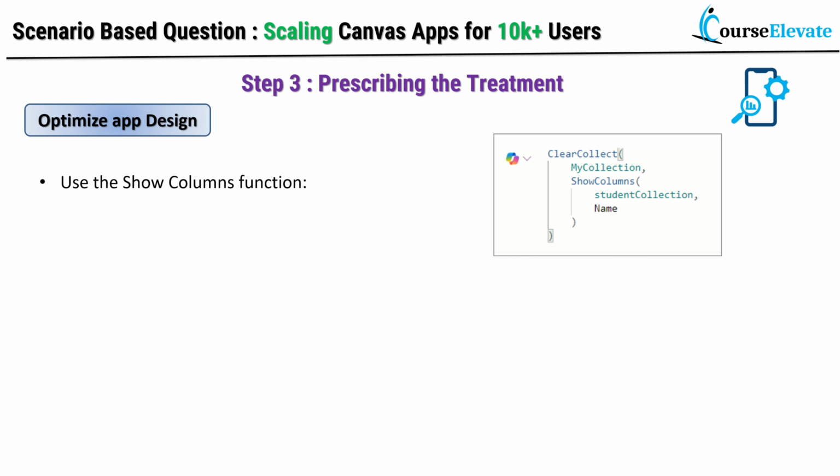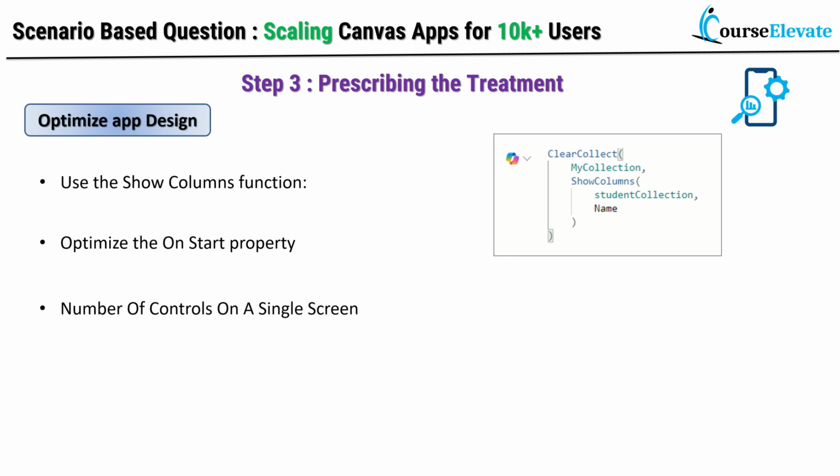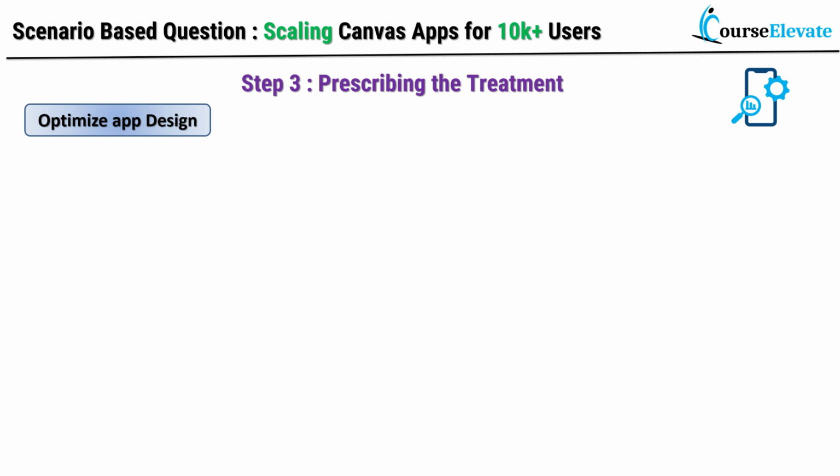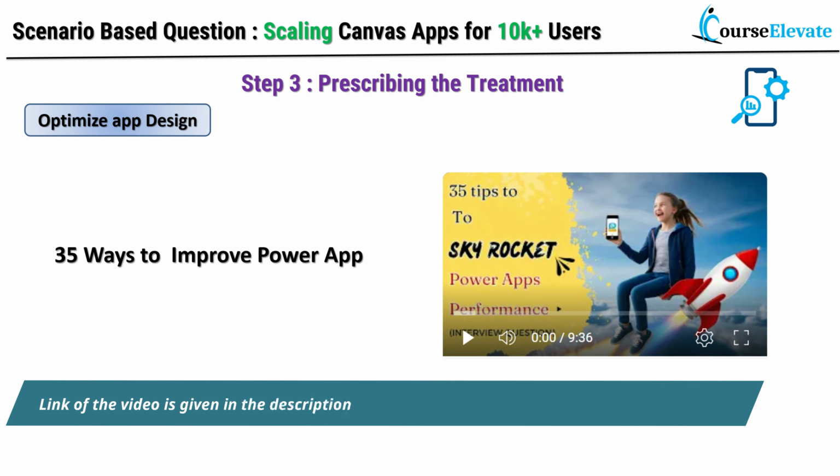Use the ShowColumns function to get only the specific columns required. Minimize the code in the app OnStart property. Minimize the number of controls on a single screen. For improving input control speed, set the DelayOutput property to true. Its default value is false. Avoid nested galleries if possible to improve performance. And much more. If you want further details, I have created a dedicated video which talks about 35 ways to improve Power Apps.